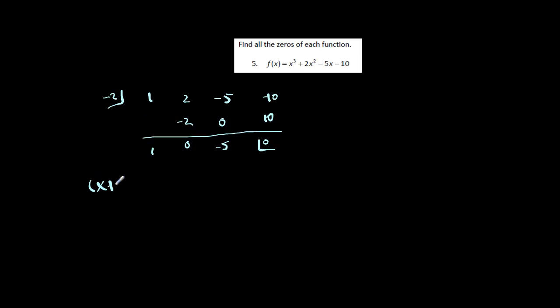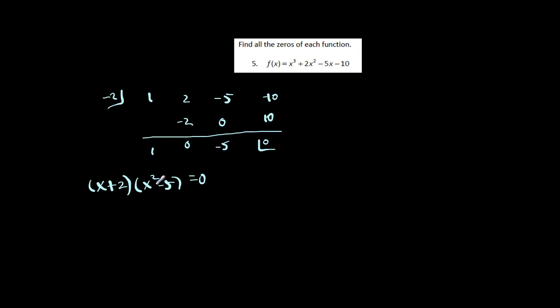So that will, after synthetic division, drop this to an x squared. So that's what we're going to do now. Let's use negative 2. Write down the coefficients, and then synthetically divide. Okay, so we have x plus 2 times x squared minus 5.